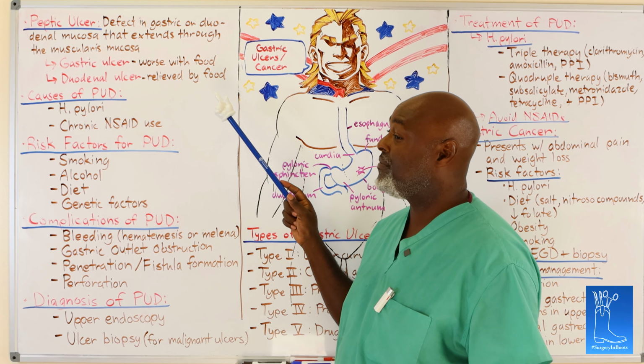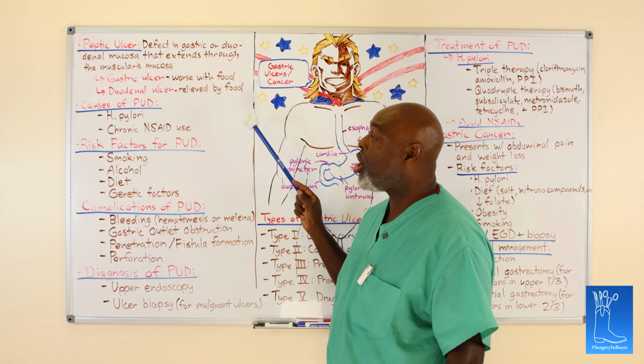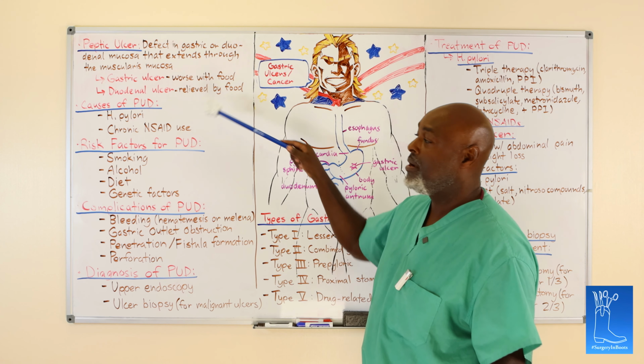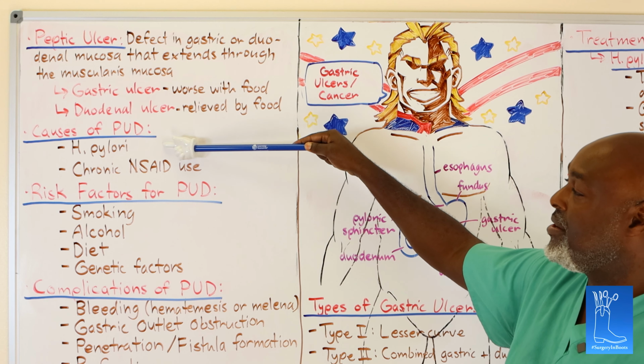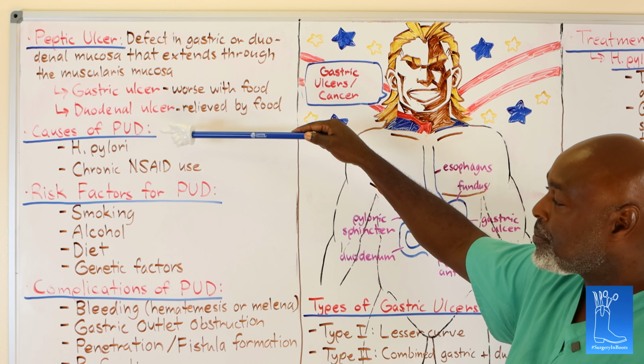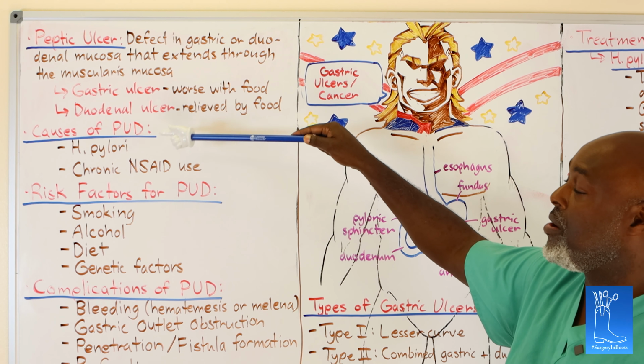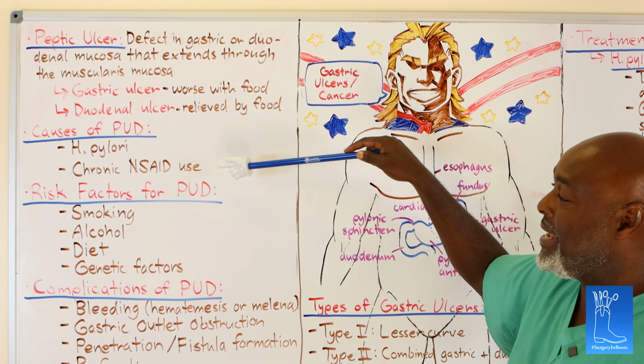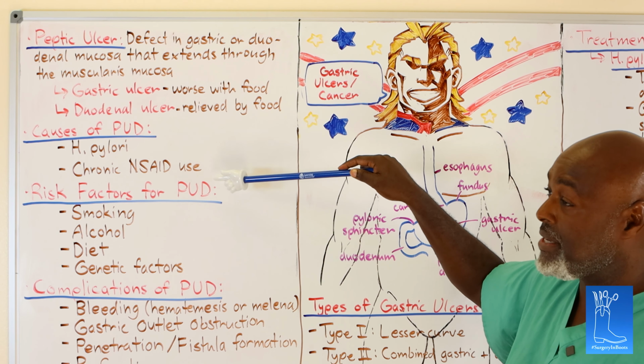With regards to the cause of peptic ulcer disease, we talked about this H. pylori bacteria. I'll show you a few pictures of them. That's probably up there on the list. Probably number one. I would say second is going to fall in between chronic NSAID use and stress.